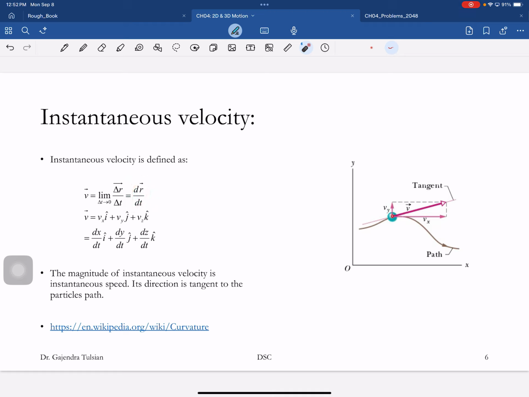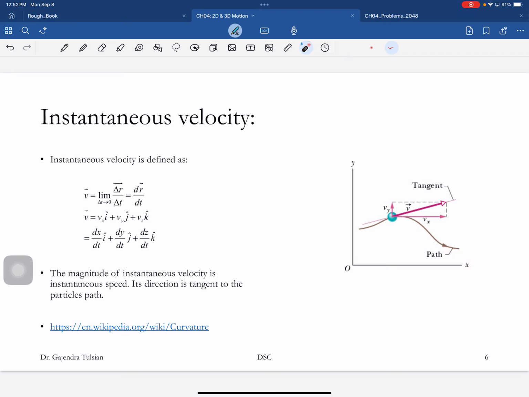And the instantaneous velocity is tangent to your trajectory. So here your instantaneous velocity is pointing in that direction, and so on.